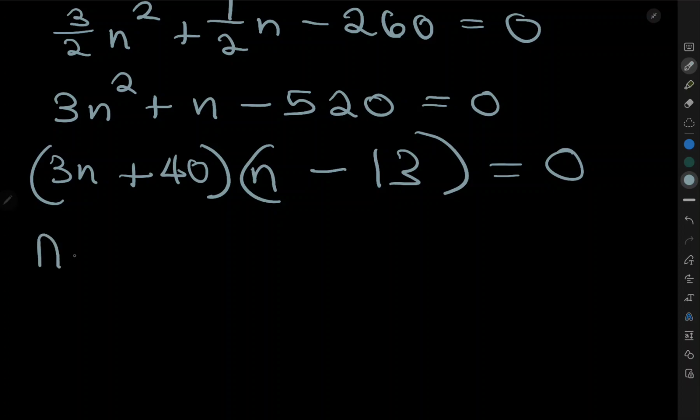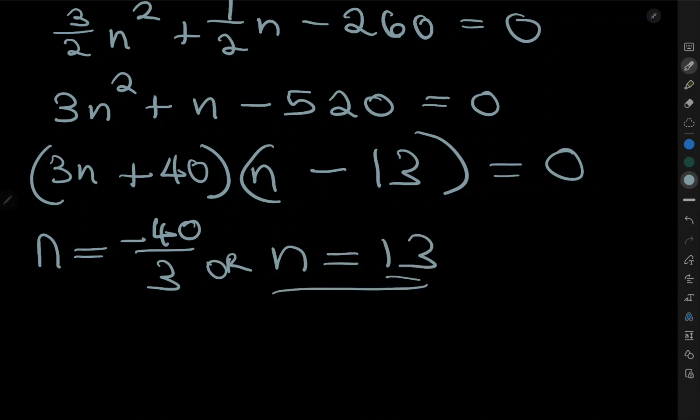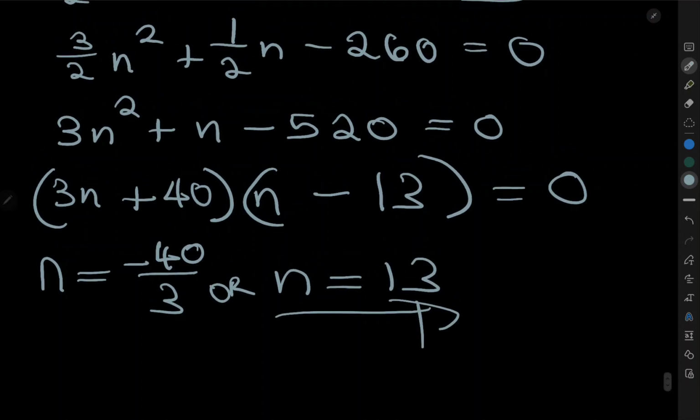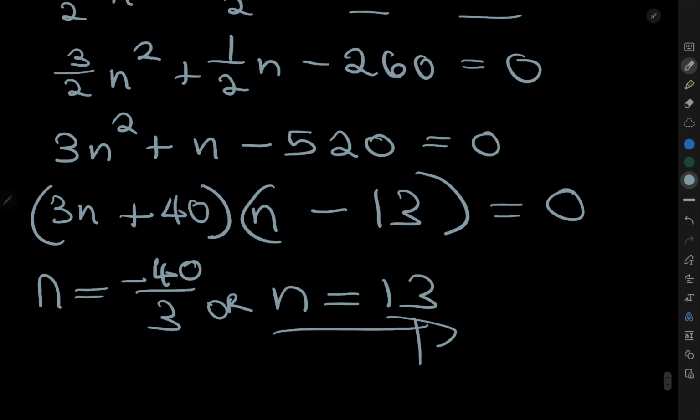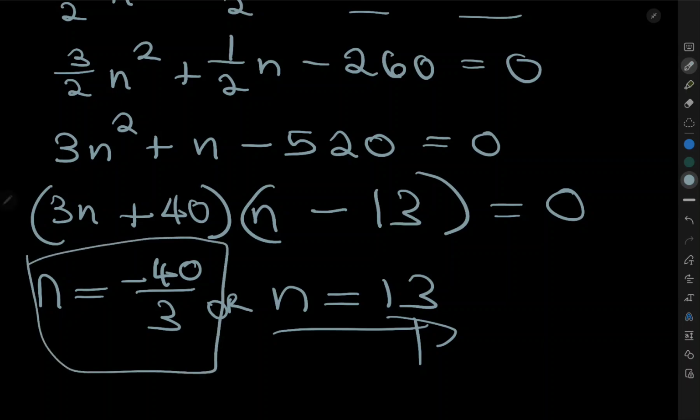And if I simplify this, I have n equals minus 40 over 3, or n equals 13. So if it was just factorizing or solving an equation, this would be sufficient for me to solve. But let's explain what this means here, right?